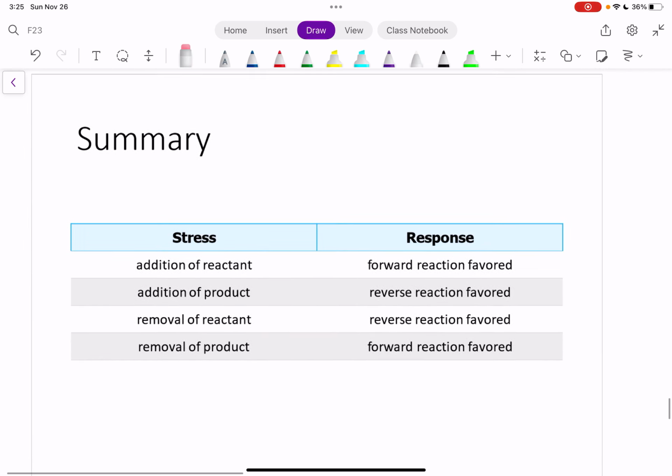So here's a little bit of a summary slide that might help with this. If we add one of our reactants, we're going to favor the forward reaction, or in other words, we're going to shift right.